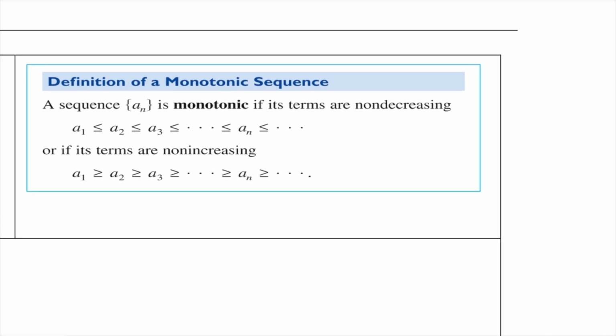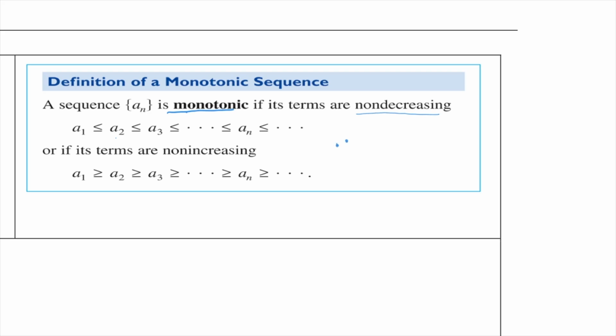So that's our squeezing theorem. Next, we have a definition for a monotonic sequence. A sequence A sub n is monotonic if its terms are non-decreasing. So non-decreasing is kind of interesting. You have your A1 less than or equal to A2 less than or equal to A3, and that's going to continue. Or if the terms are non-increasing, so it's one or the other. Now, why does it say non-decreasing, non-increasing?